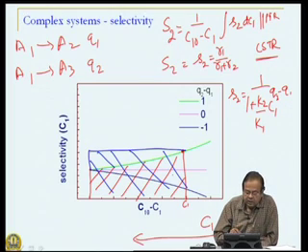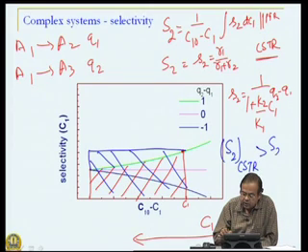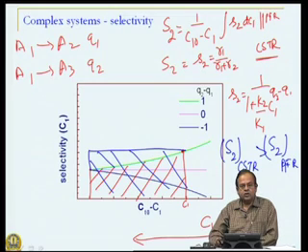And you can clearly see here that if Q2 is greater than Q1, then selectivity in a CSTR is higher than the selectivity in a plug flow reactor, which means that as far as the selectivity is concerned, CSTR is better than plug flow reactor.